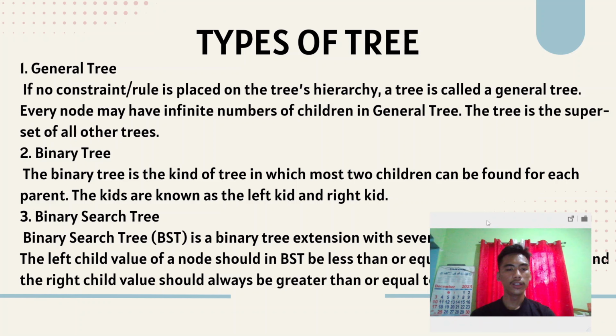And a binary search tree, or BST, is a specialized binary tree with ordering rules, making it efficient for search operations. So these types of trees serve different purposes and are applicable in various scenarios based on the specific requirements of the problem or application at hand.